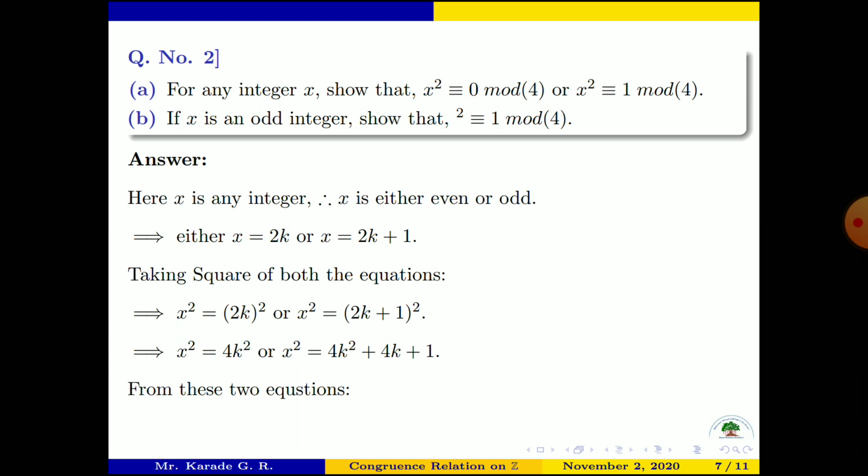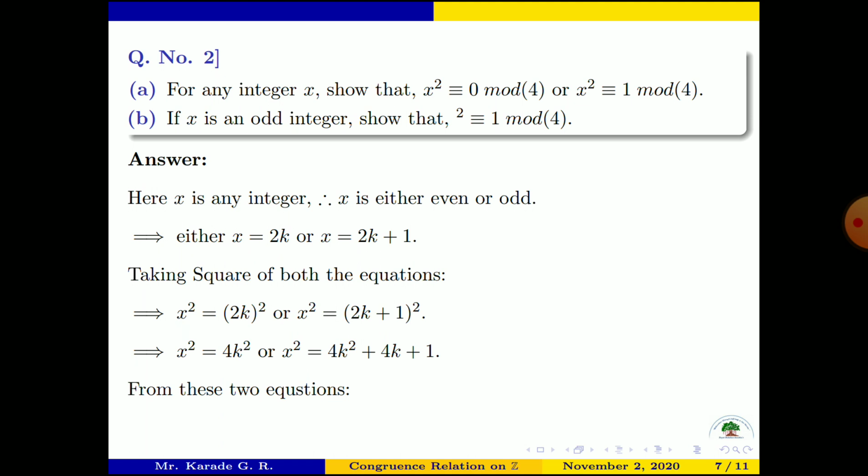Okay, from these two equations. And similarly on the second equation, if I divide by 4 on the right hand side, the remainder left is 1. Therefore we can write x square minus 1 is equal to 4k square plus 4k, and then we can say that the right hand side is divisible by 4.